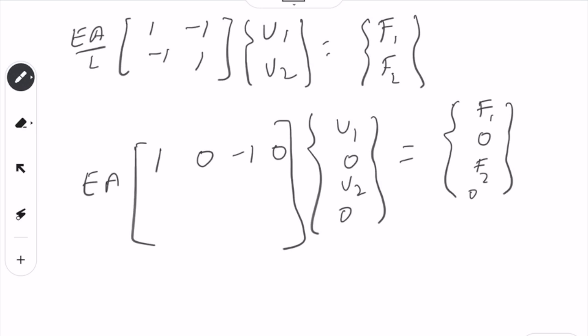Similarly, the second equation will be all zeros, because all zeros multiplied by all this becomes 0. So we have this valid. Then we have the third one, like minus u1 plus u2. So we have to write here minus 1 0 1 0 and then 0 0 0 0.